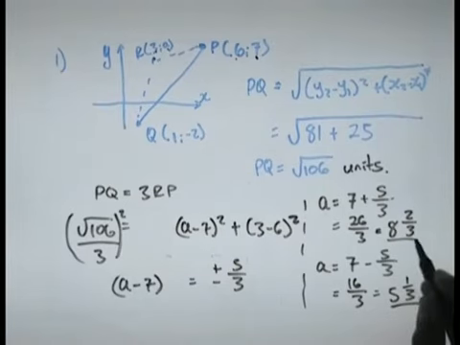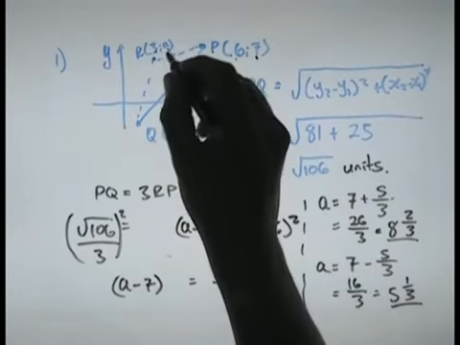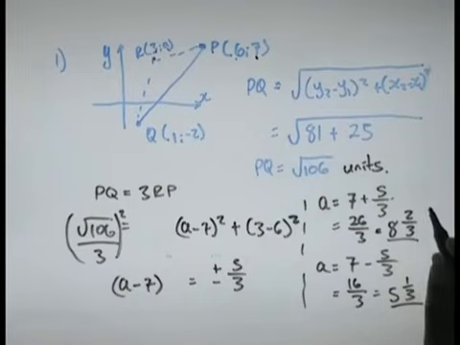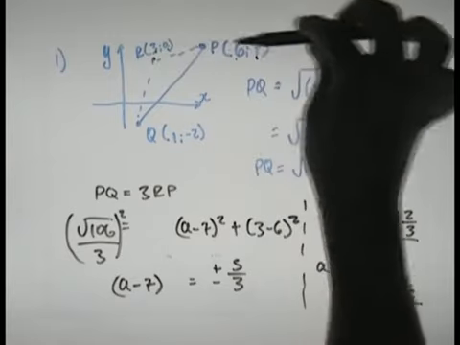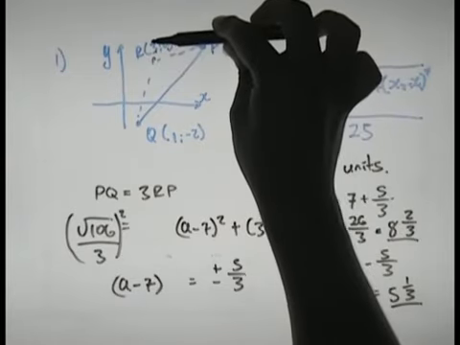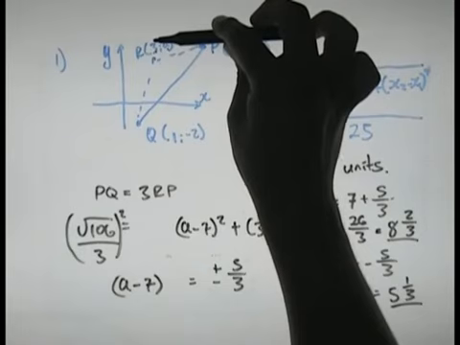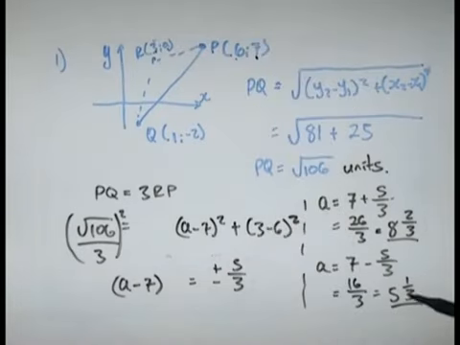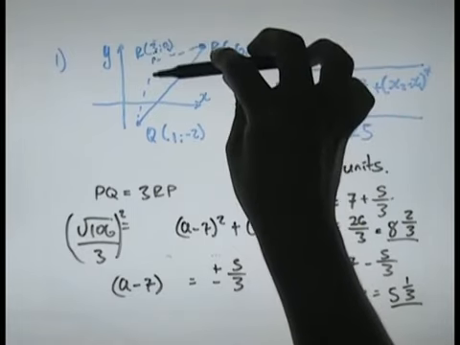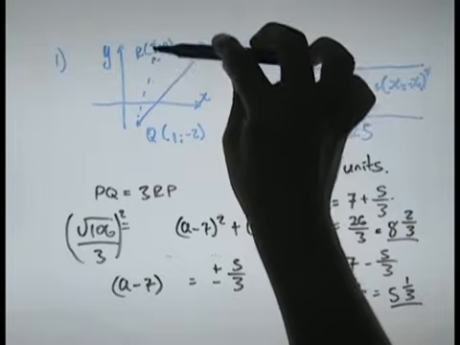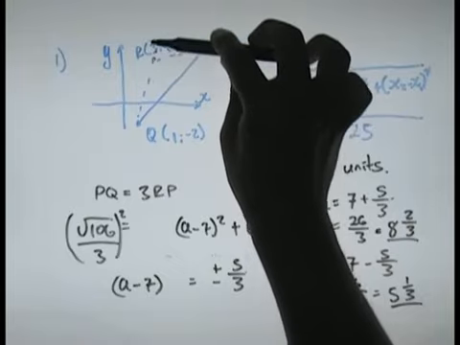Basically, the A value, remember, is the y value of R. 8 and 2 over 3 means that it's going to be a little bit higher than the P value, so it's going to be somewhere over there. Or the other alternative is that it's at 5 and 1 over 3, which is going to be a little bit lower, so it could be there or there. There are two possibilities.